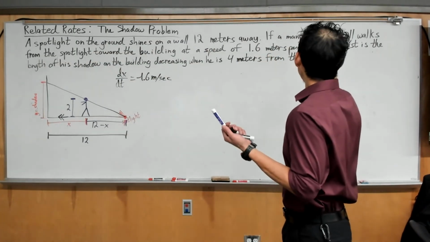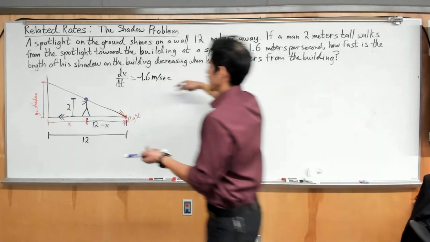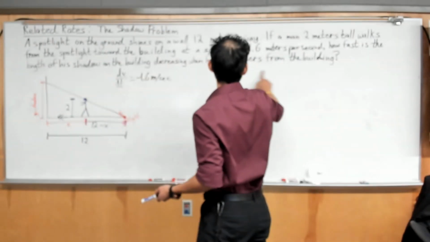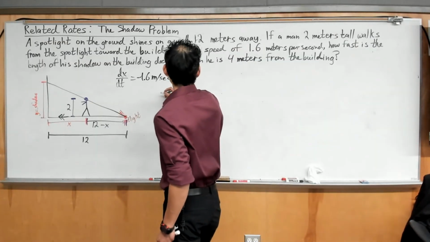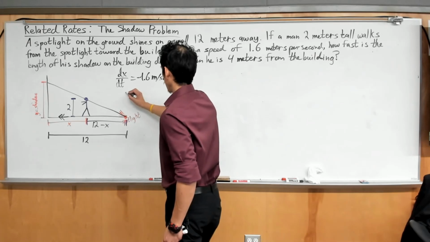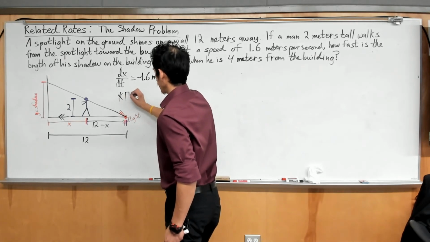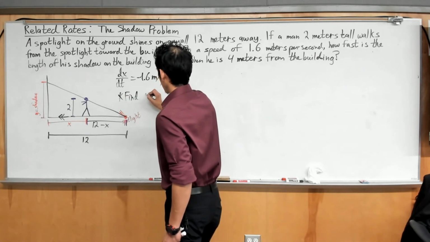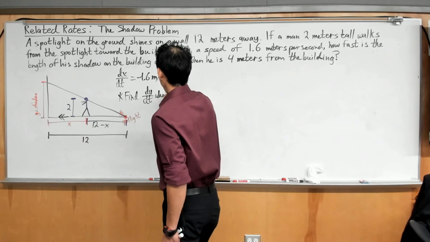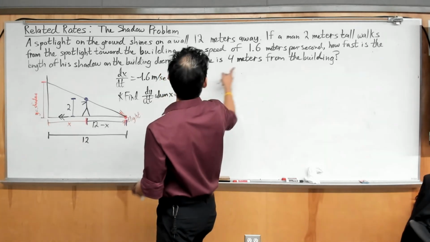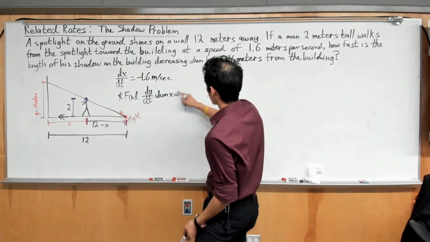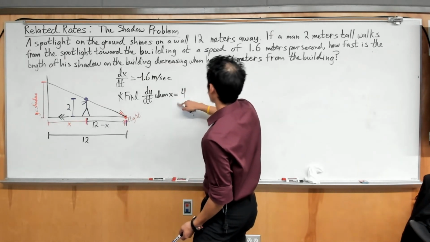And we need to find the change in the shadow height when he is 4 meters from the building. So we need to find dy/dt when x equals 4.